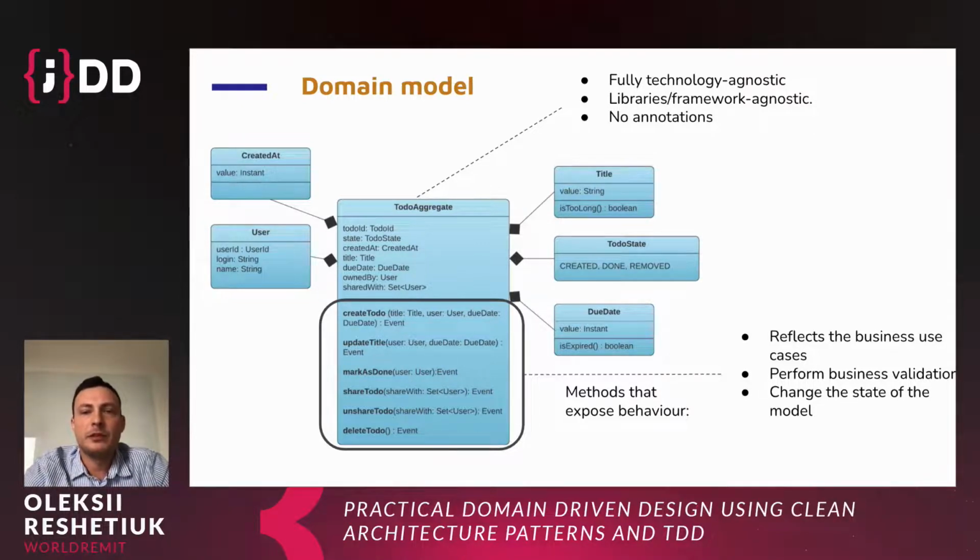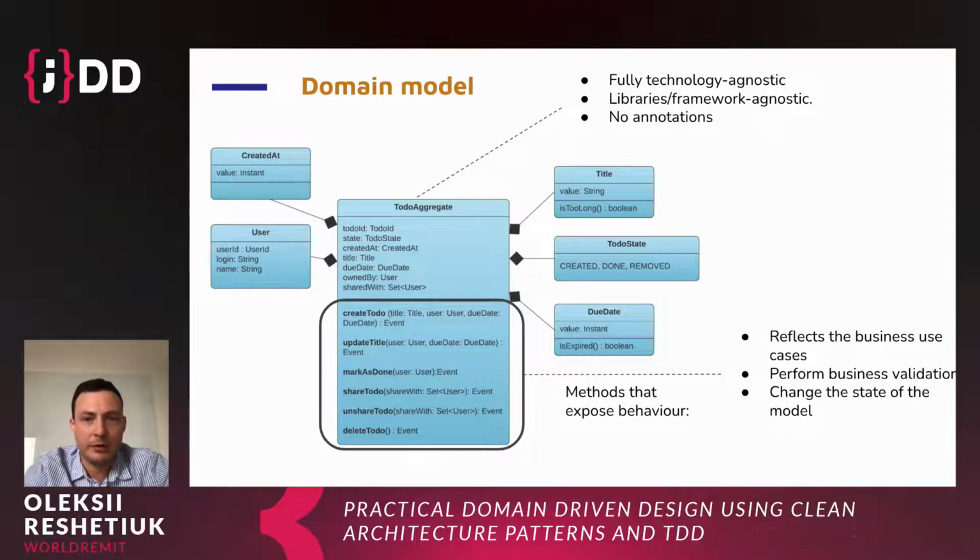An anemic model is a class that contains a set of fields exposing only getter and setter methods. But a rich model is a class that contains a set of fields exposing behavioral methods that strongly correlate with the business use cases.